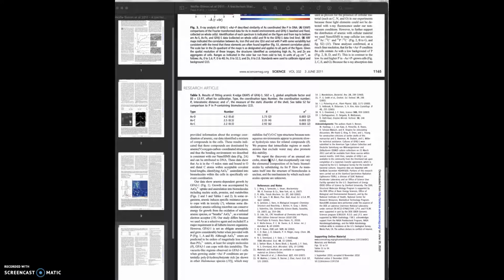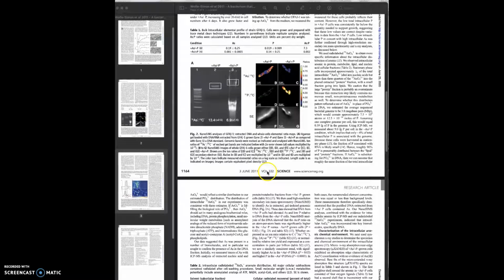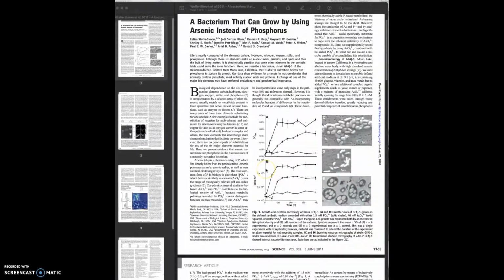So when we think about how we structure a scientific article, we begin very broad.